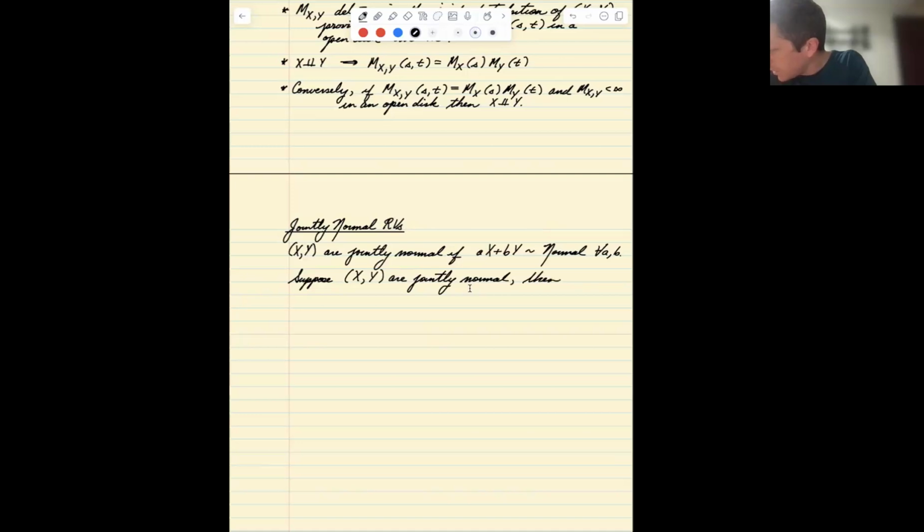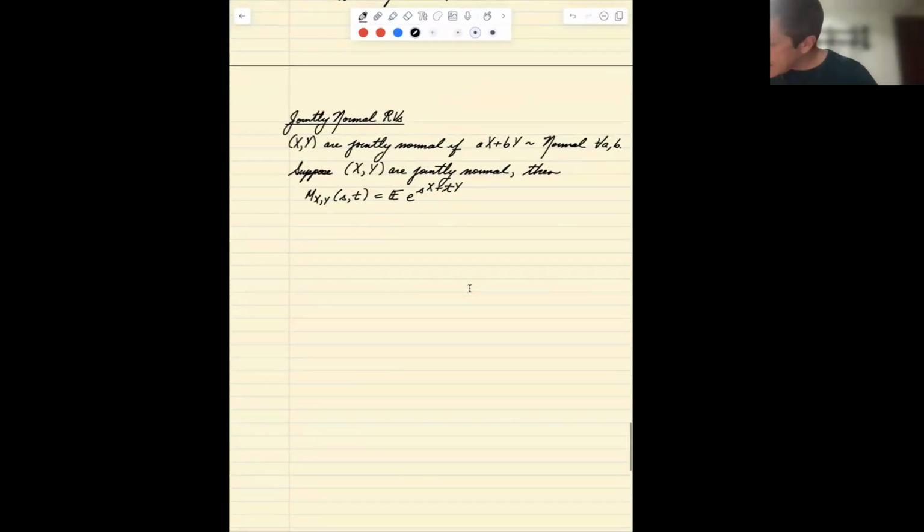Then what is the joint moment generating function? Well, it's the expectation of e to a normal random variable, right? Because sX plus tY is a normal random variable. So in other words, this is the moment generating function of sX plus tY evaluated at 1.